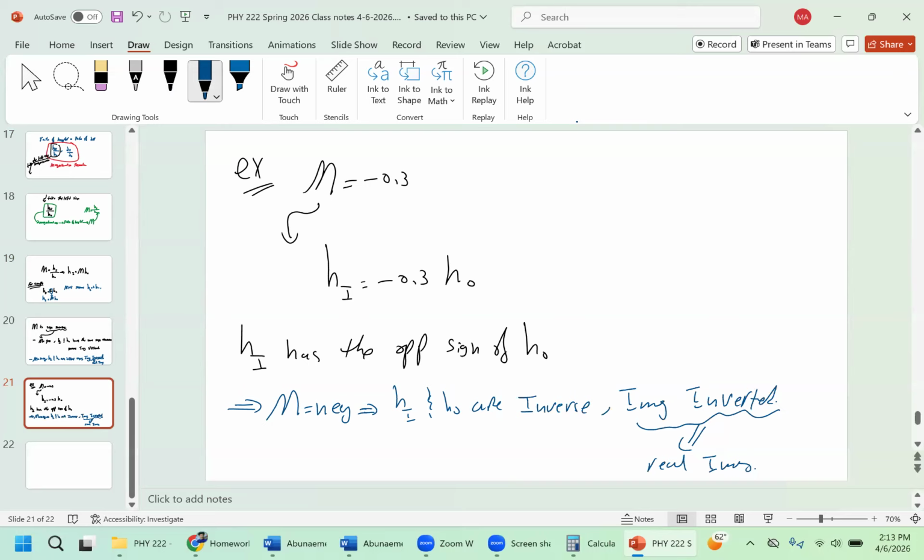So your M is minus 0.3. That negative that you see on the magnification tells you it's a real image. If it's positive, it's a virtual image.